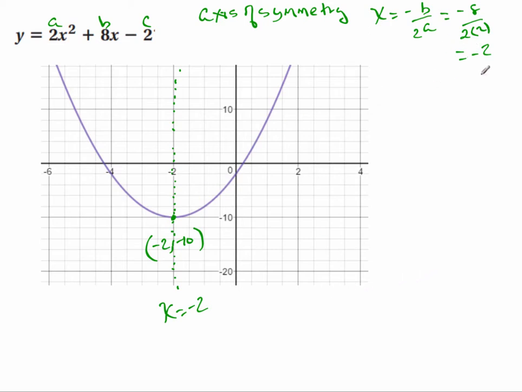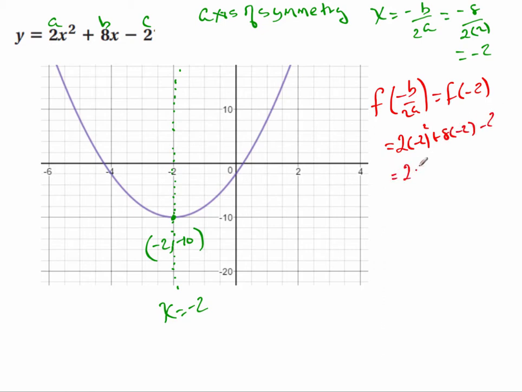Now, once I have the axis of symmetry, I can find the vertex. Now to find the vertex, I need to find the function evaluated at minus b over 2a. So I want to find the function evaluated at negative 2. So this is going to be 2 times negative 2 squared plus 8 times negative 2 minus 2.